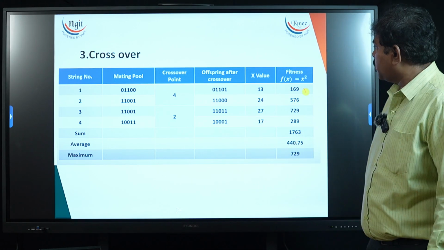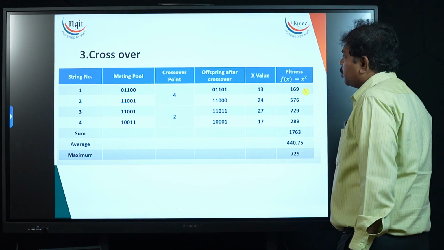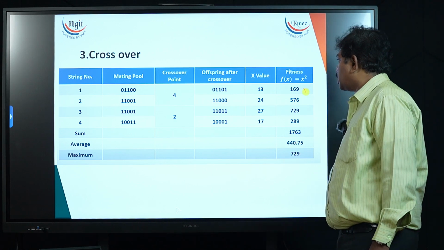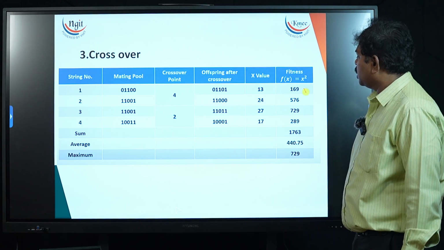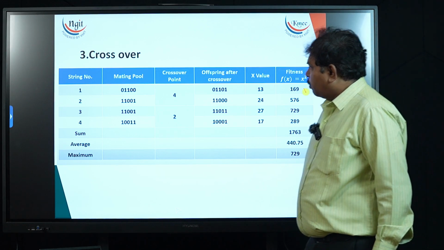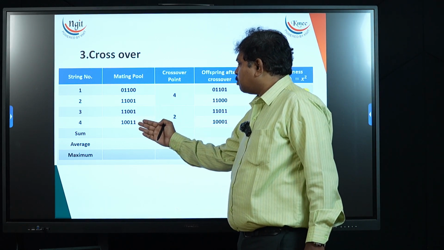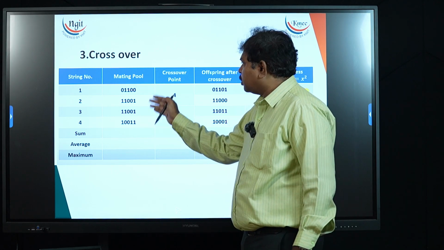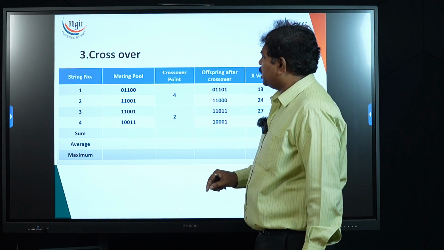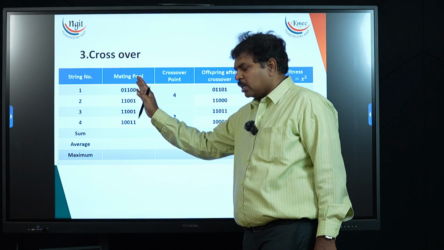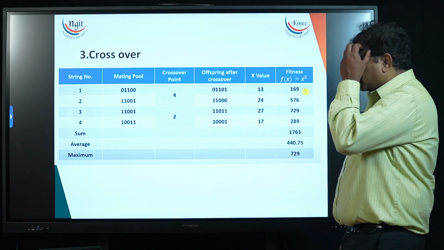Here in crossover I prepare a table: mating pool, crossover point, offspring crossover, x value, f of x square. I selected these 4 as my final samples eligible to become parents. Here parents are nothing but eligible solutions for my problem.